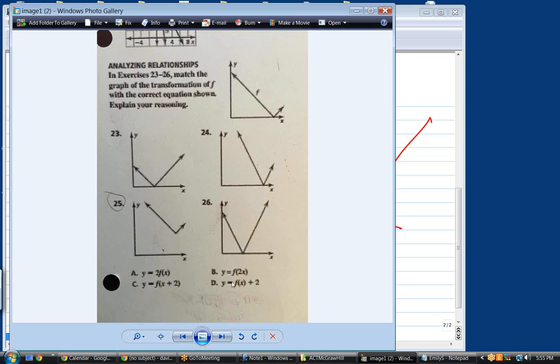It's important that you be able to define the transformation from looking at the f of x designation. What is this called? F of x plus 2. That's a vertical shift, because we are taking the function and adding some c to it.